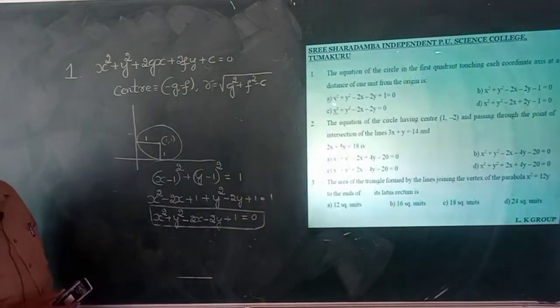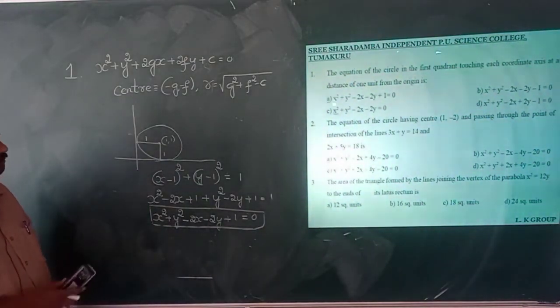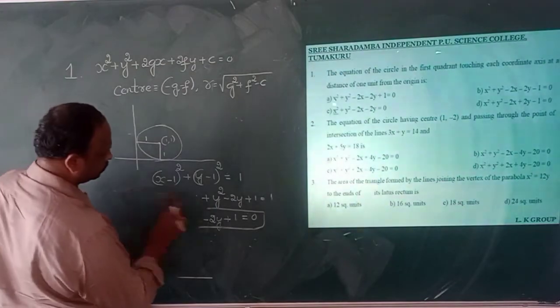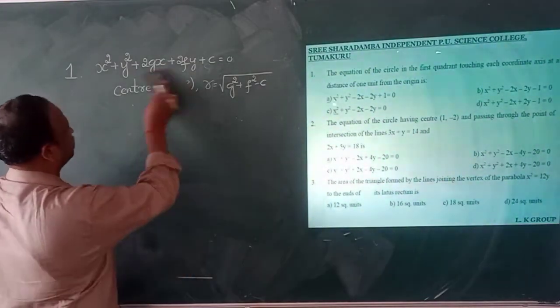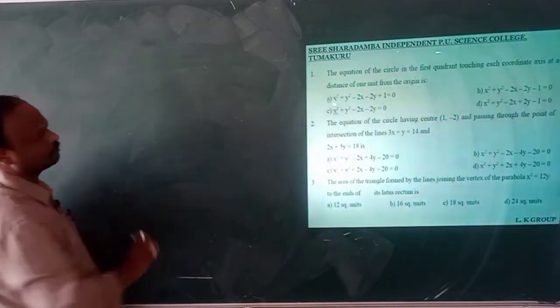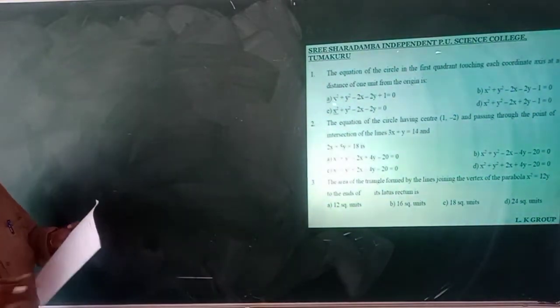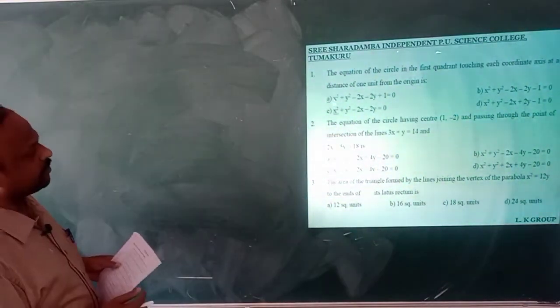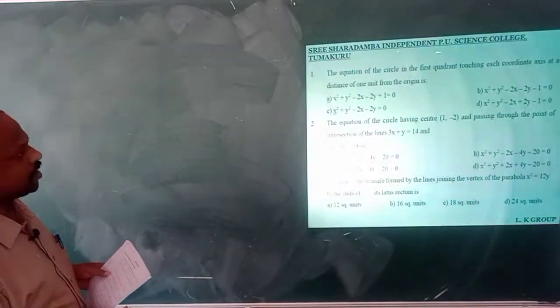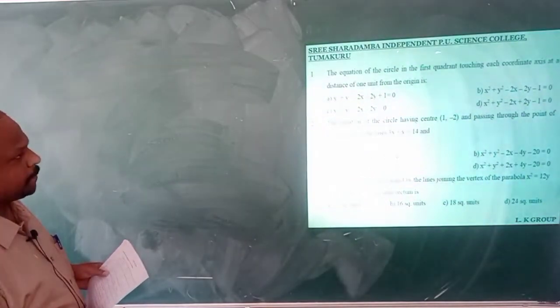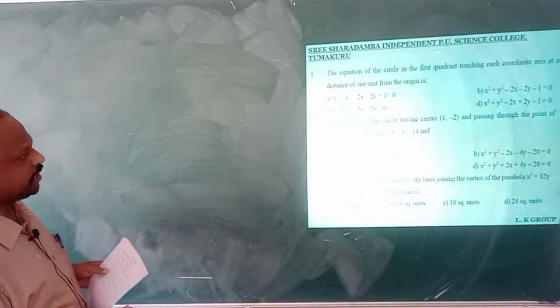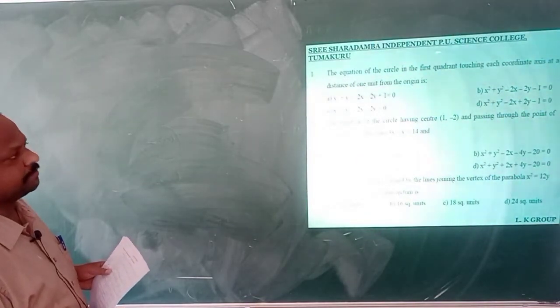We'll go for question number 2. Question number 2 says the equation of the circle with center 1, minus 2 and passing through the point of intersection of the lines.